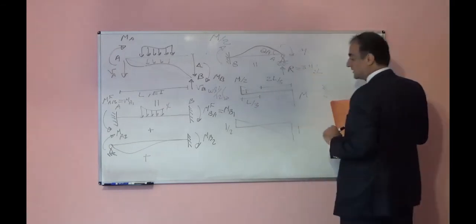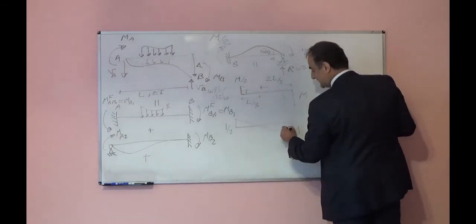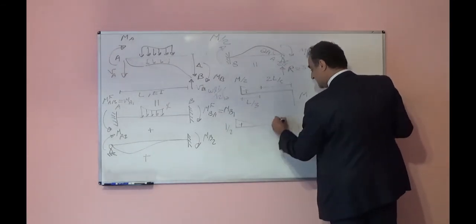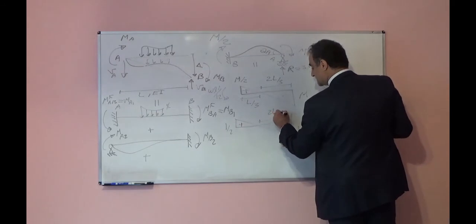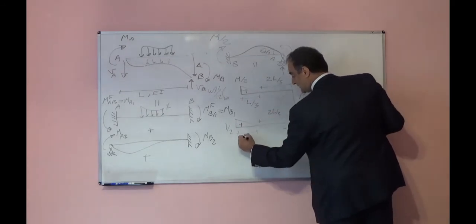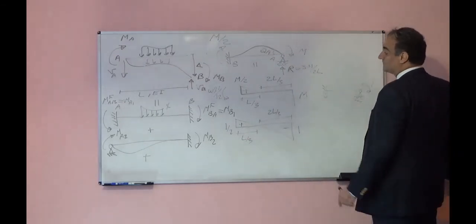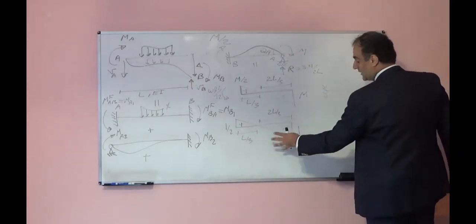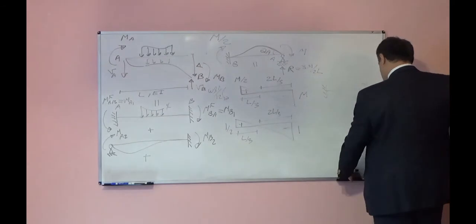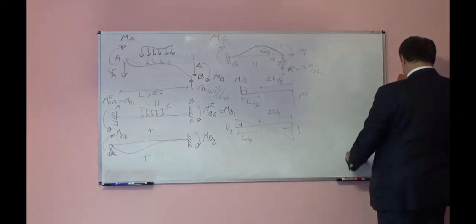I will attach them together, this is negative, this is positive, again 2L over 3, and this will be L over 3. So if I want to find theta A, I should multiply this diagram by this diagram using the virtual work method.